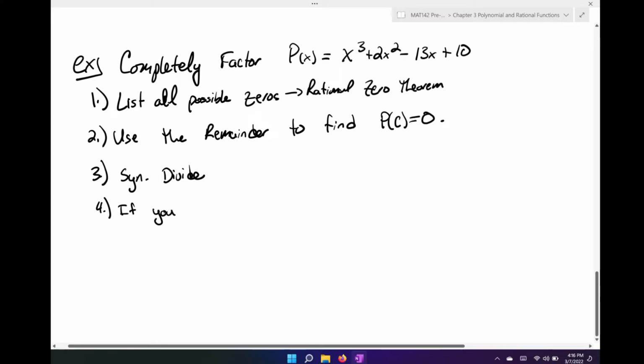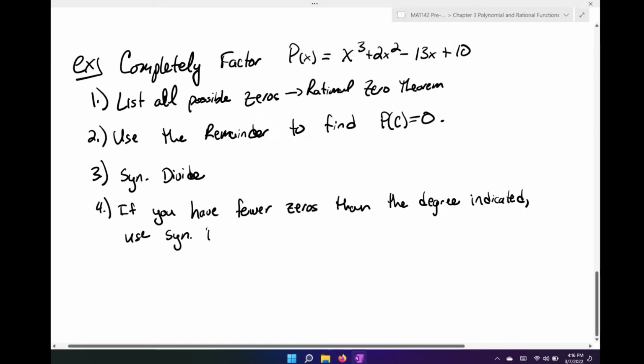Now, this is step 4. If you have fewer zeros than the degree indicated, use synthetic division again to find multiplicities.